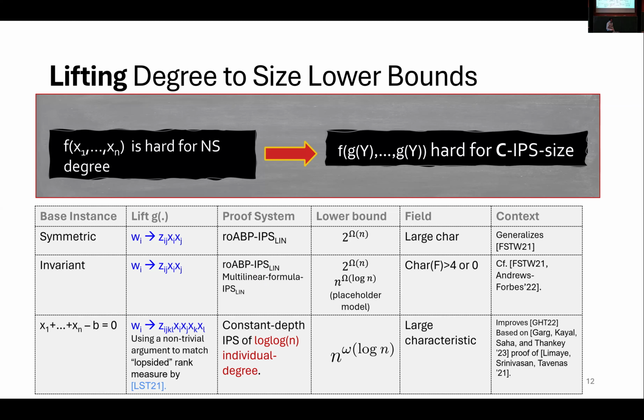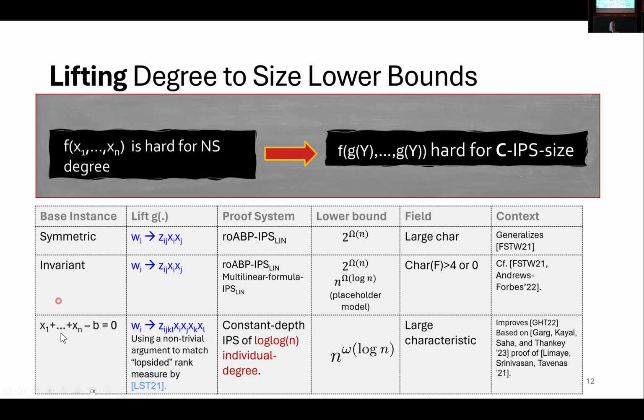So this works also for the multilinear formula, and this is over any characteristic bigger than 4 or 0. The context here I wrote is FSTW, and also Andrews and Forbes had a nice lower bound in this model of constant depth IPS in the placeholder model.